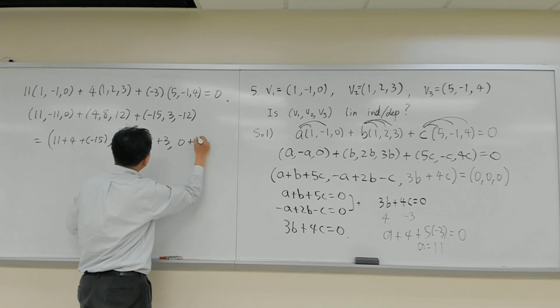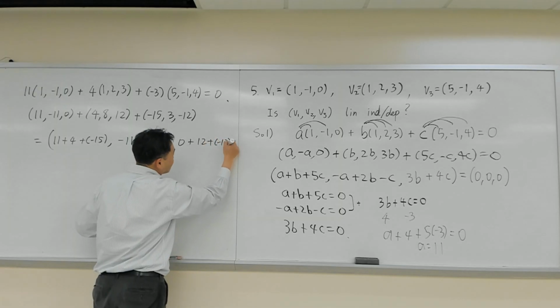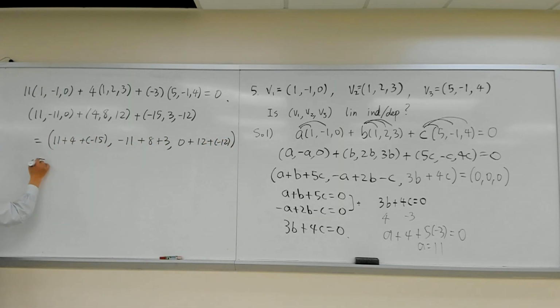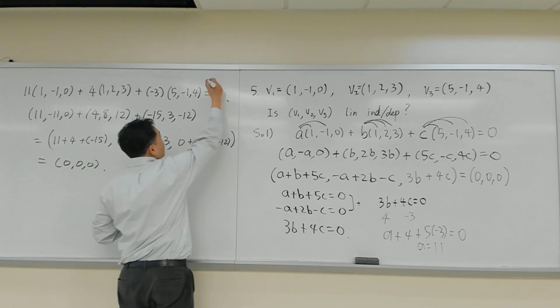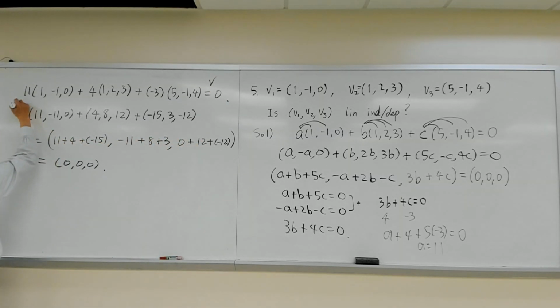And 0 plus 12 plus -12. Yes, indeed, this is 0, 0, 0. Okay, so seeing that this is true because of this calculation, what's our conclusion? Independent or dependent? Dependent.